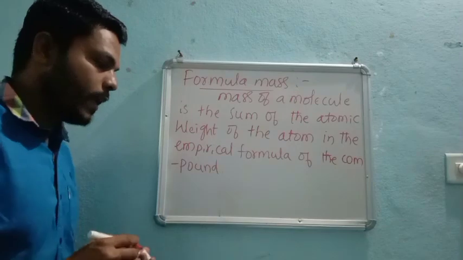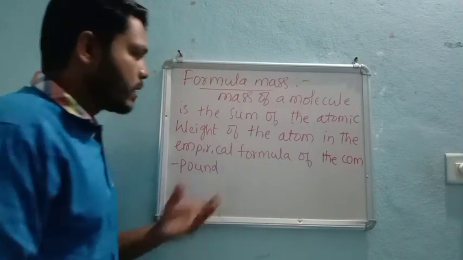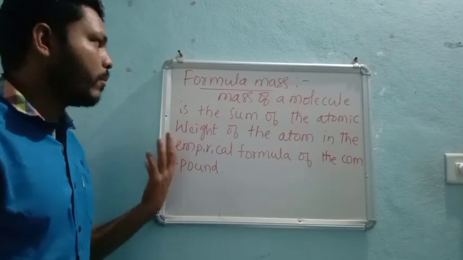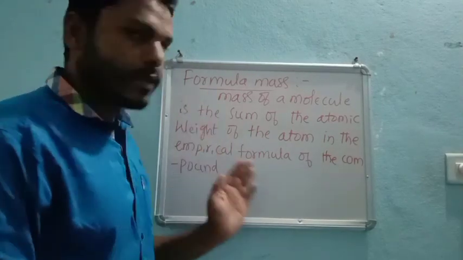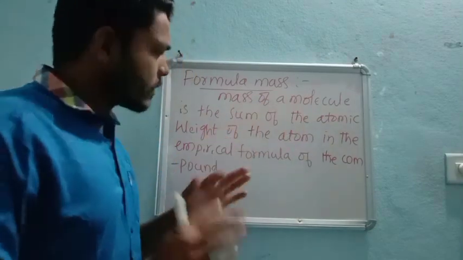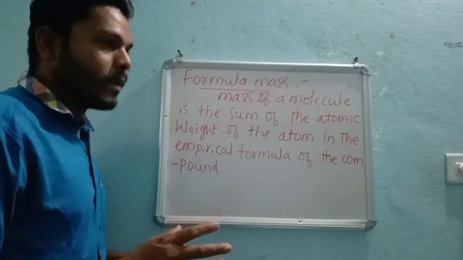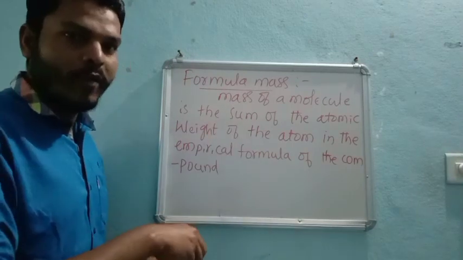Here, see, this is very different from the molecular mass, right? So I will just give the difference. Some of the atomic weights are the same, but here the change is the empirical formula. Formula mass means we take the formula of a given compound.